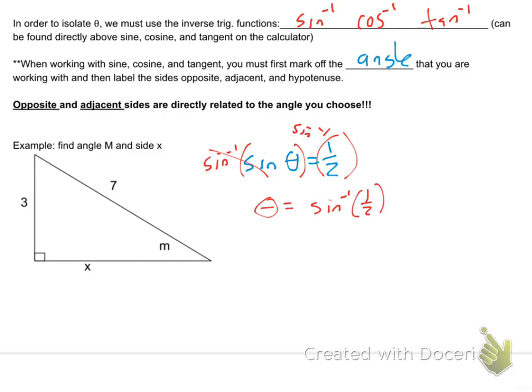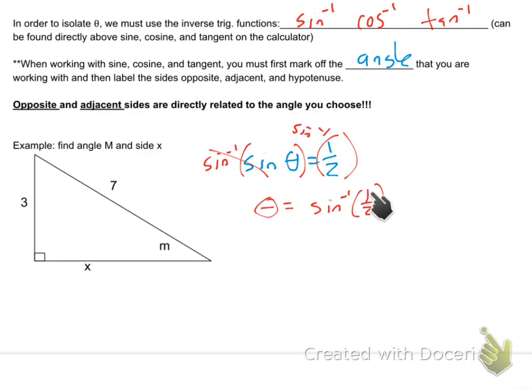So now, again, it really does depend on what calculators you have. If you have a graphing calculator, or if you have the TI colored scientific calculators, you can go second sine, which will be the sine inverse, put 1 divided by 2, and then enter.